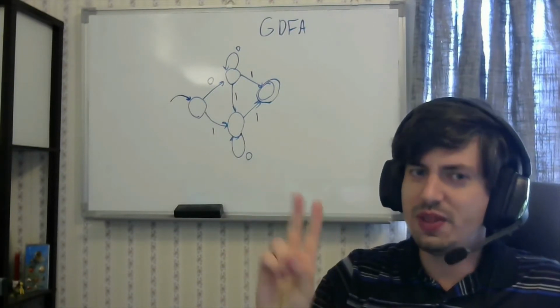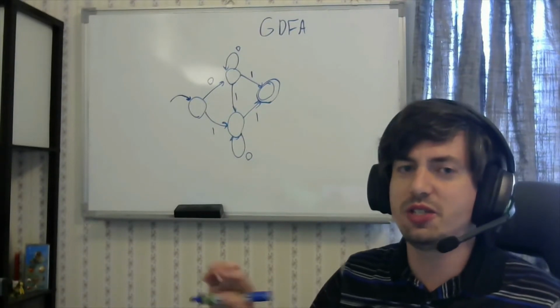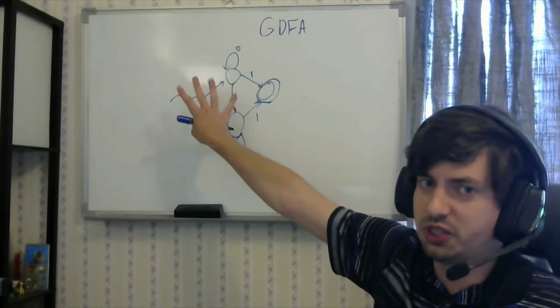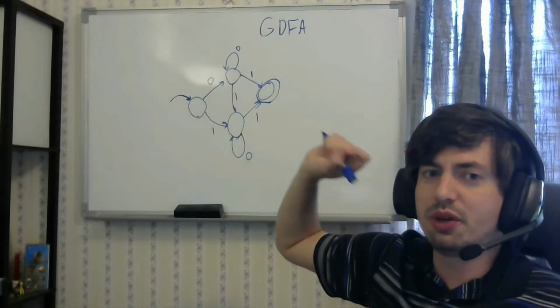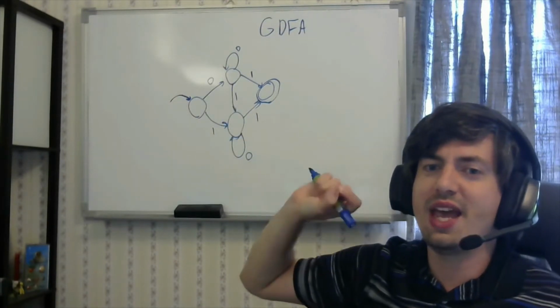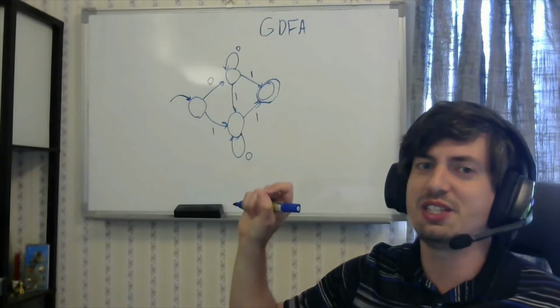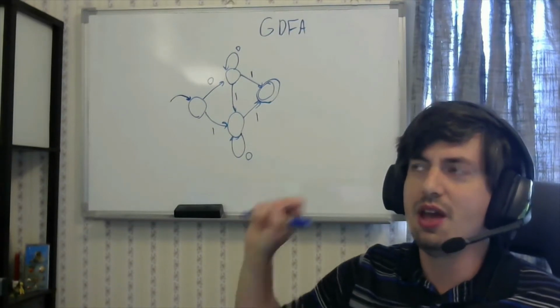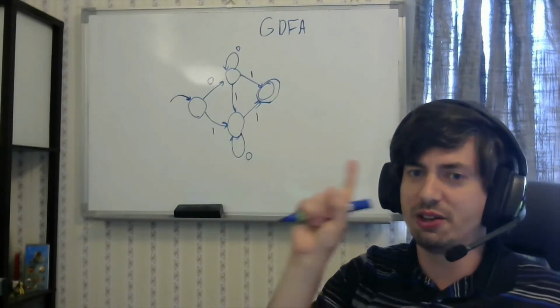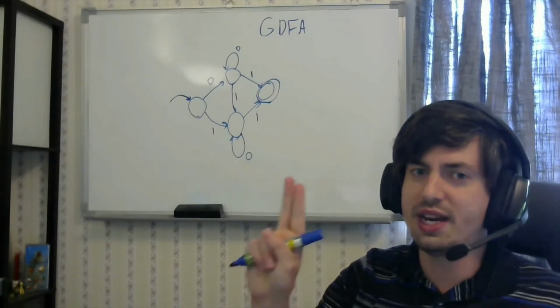So we're going to do that by starting with our normal deterministic finite automata and converting it into a generalized deterministic finite automata with the constraints that there is one start state and one accept state.